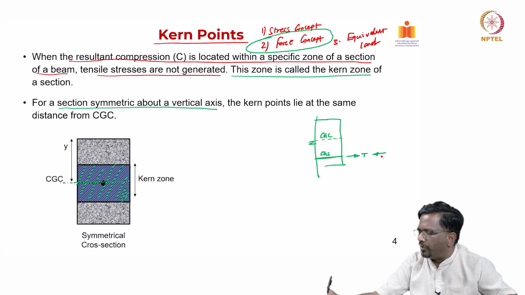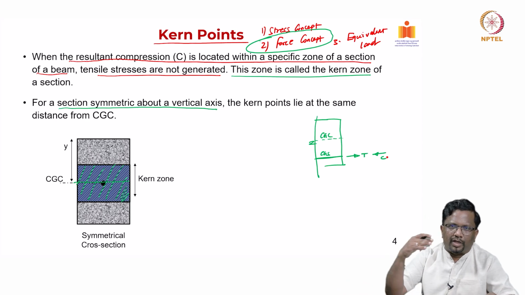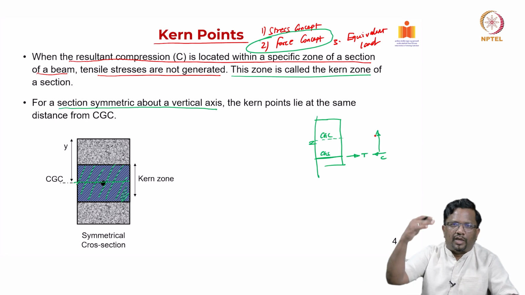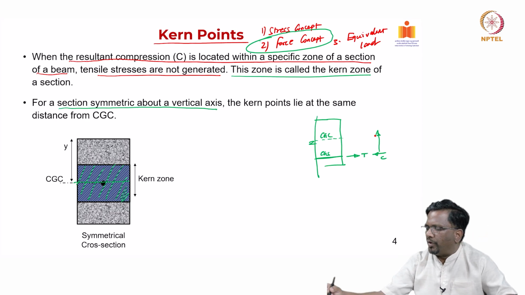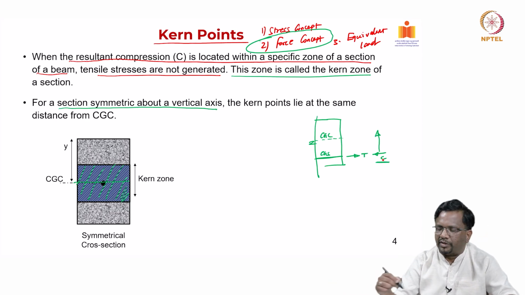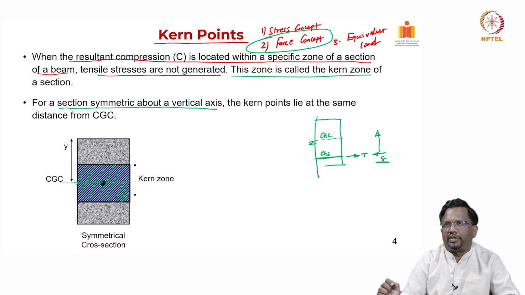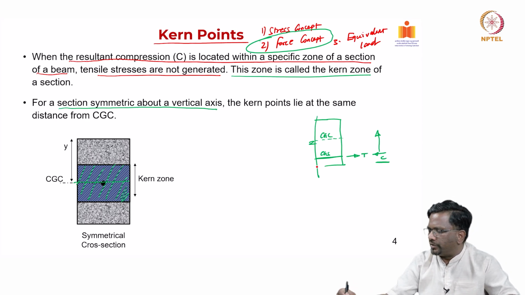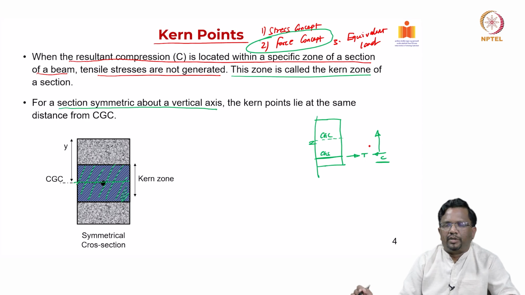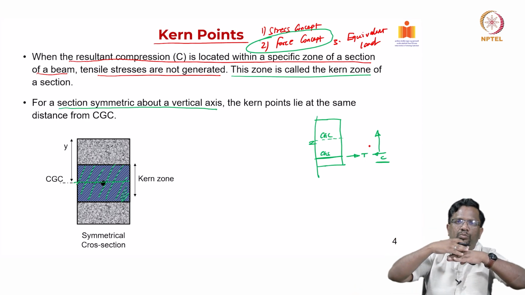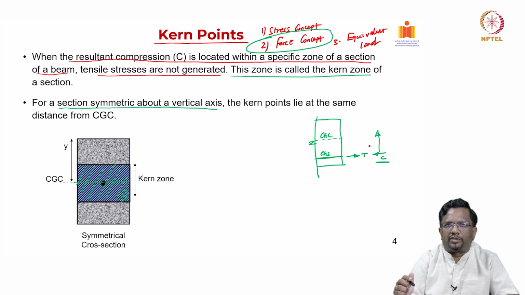Initially, when there is no load acting, C will be here in line with T, but then the C will start moving up as the loads are increased. So, what we are saying is, if C is within this Kern zone, then no tension stresses will be generated. So, we have to do the analysis to see what is the maximum allowable distance for C to move away from T, which we have discussed.